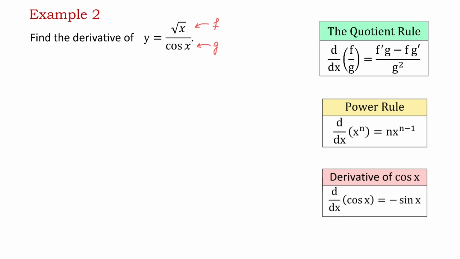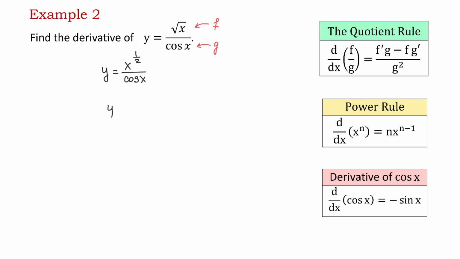Before finding the derivative, I will rewrite square root of x in exponential form because it will be easier to apply the power rule. And that is y equals x to the 1/2 over cosine of x.